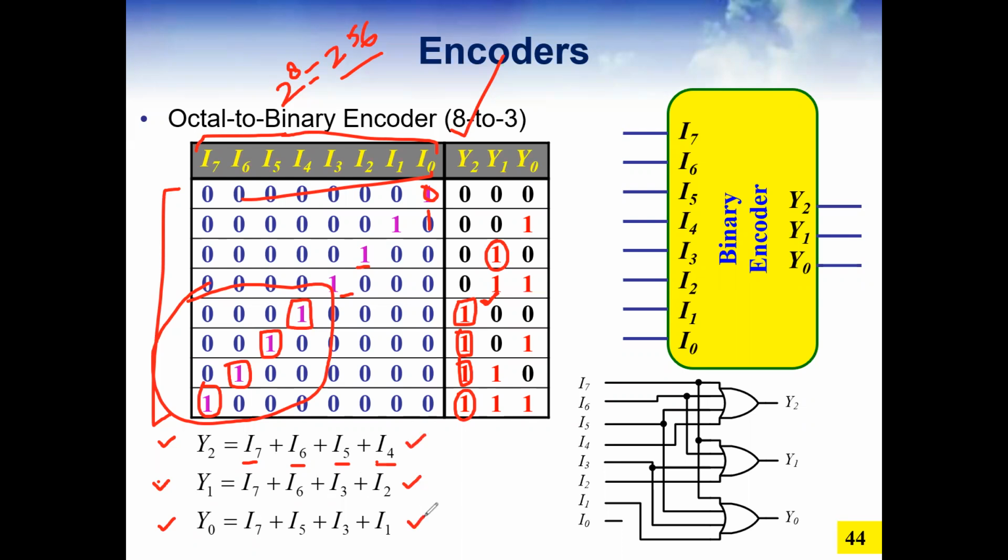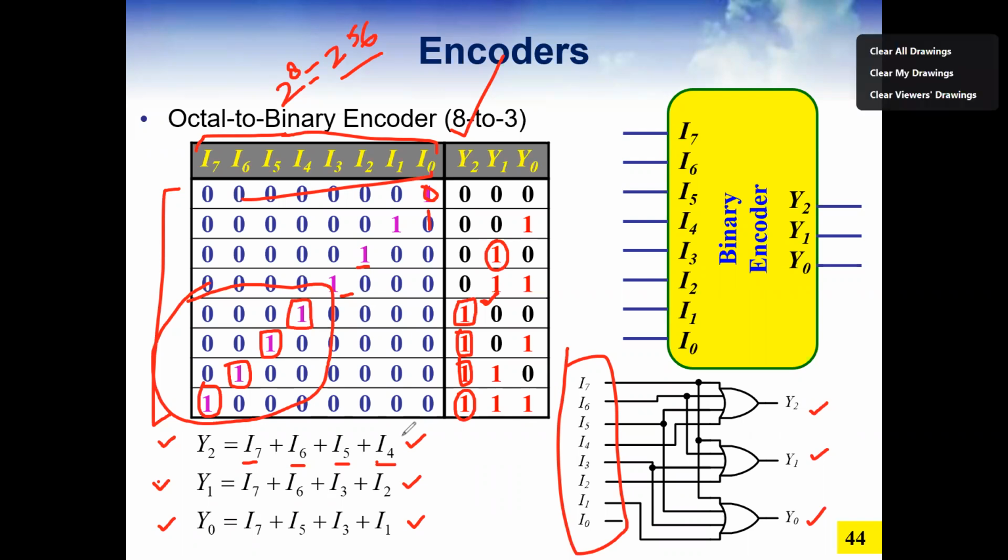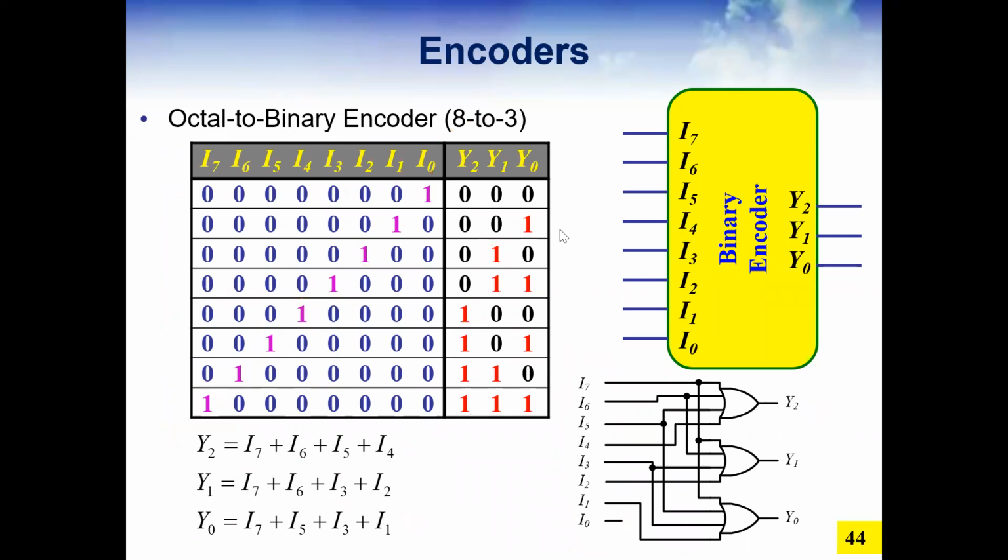We can simply have 3 OR gates and connect these inputs accordingly. So the design of the encoder is very simple. You connect 3 OR gates according to these expressions. So this is the design of the encoder, which is the 8 to 3 line encoder. Similarly, we can also design other encoders.